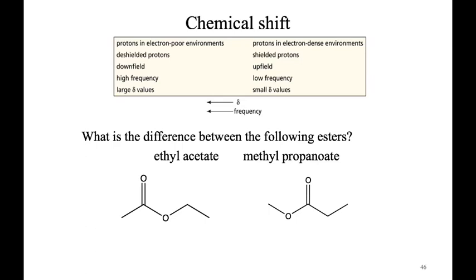So there's still 3 hydrogens in each of these. I've also color-coded this. This is a red CH3, that's a red CH3, purple CH2, purple CH2, orange CH3, orange CH3.